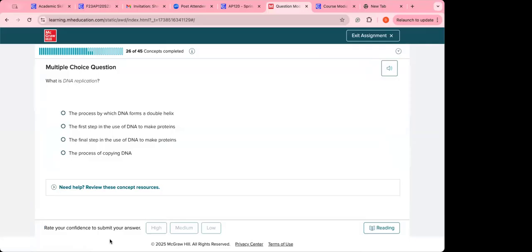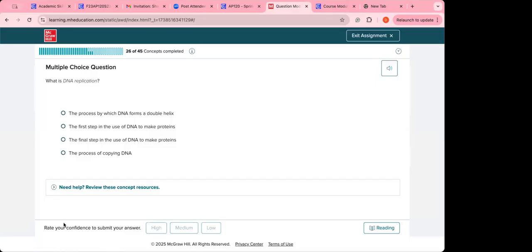What is DNA replication? So, okay, replication is copying DNA, the process of copying DNA.